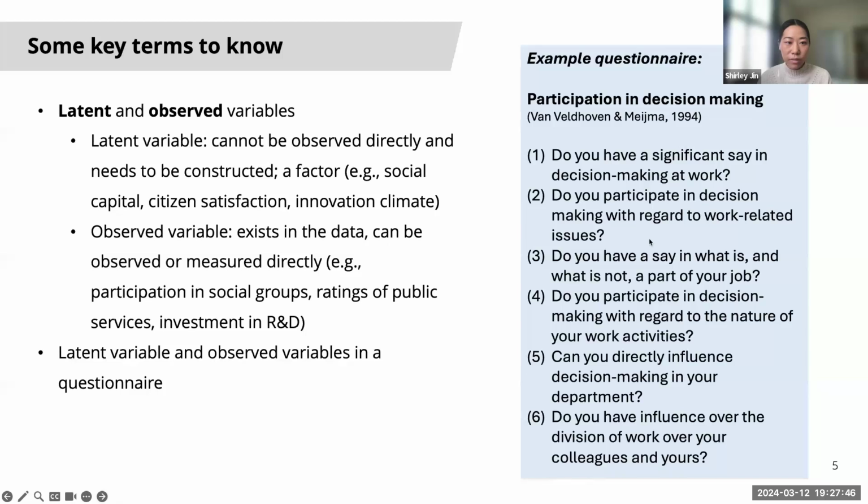You can directly tell from participants' responses how many scores each question receives. And then together, these 6 questions construct the variable participation in decision-making, right? So participation in decision-making is actually a latent variable. And this is latent variable, observed variable, and endogenous variable and exogenous variable.